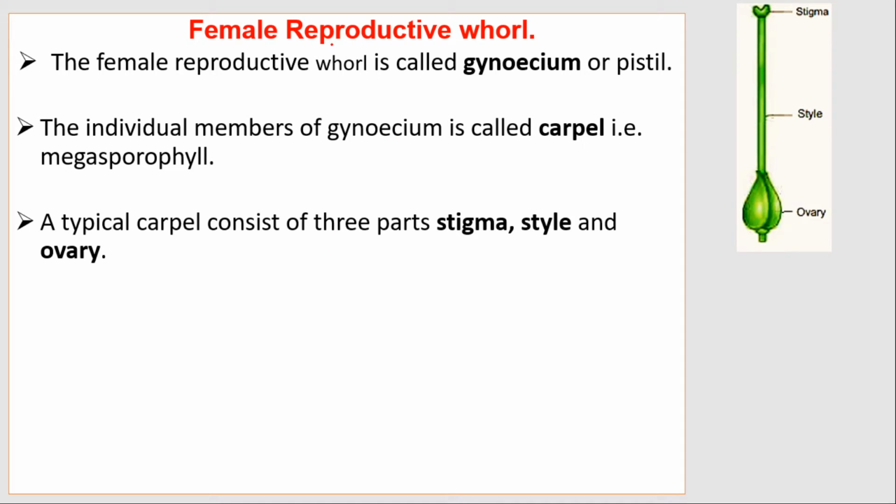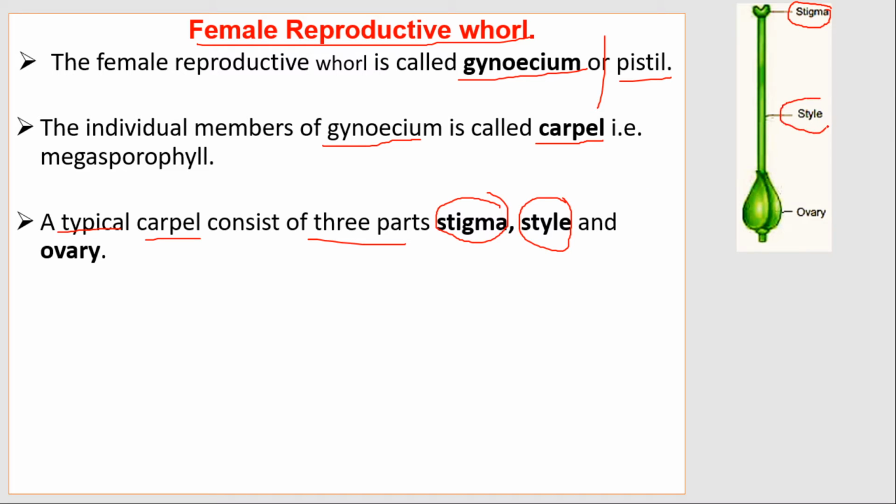Now we will see the female reproductive whorl, that is gynoecium, also called pistil. The individual member of gynoecium is called carpel. A typical carpel shows three parts: the stigma, the middle part the style, and the lower part called the ovary.